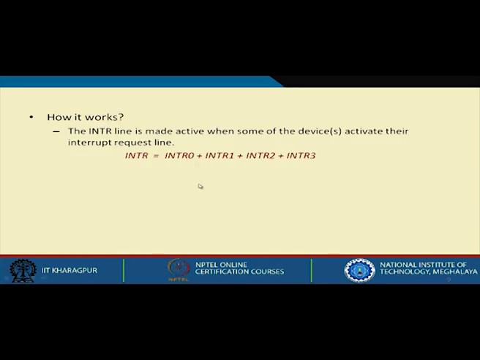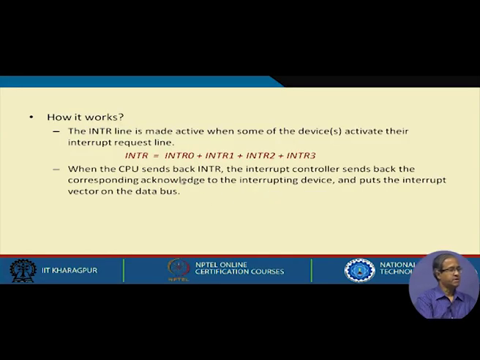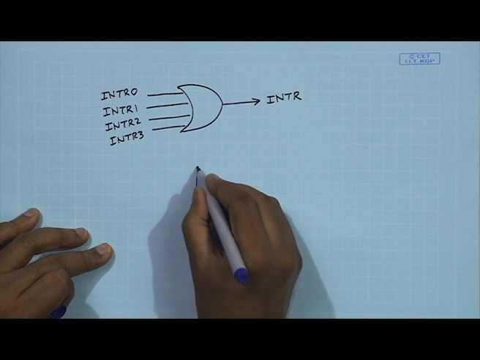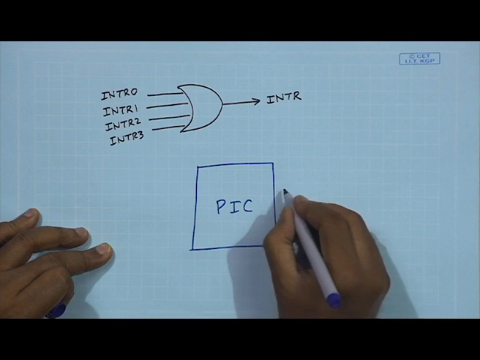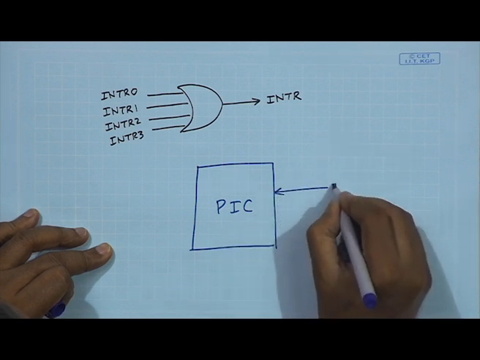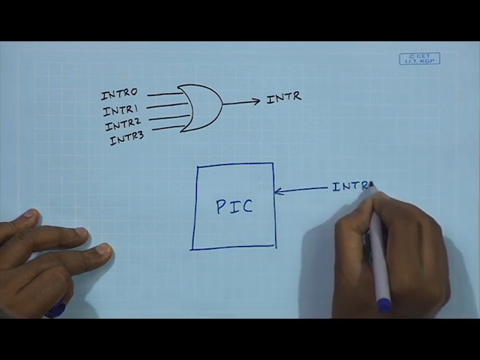Okay. This is one. Then the CPU sends back the interrupt acknowledge, INTA. So, when the CPU sends back INTA, the interrupt controller will send back the corresponding acknowledge to the interrupting device and puts the interrupt vector on the data bus. What I mean here is this: suppose I have the priority interrupt controller here, this is PIC, and let us suppose device number 2 had interrupted, INTR 2.